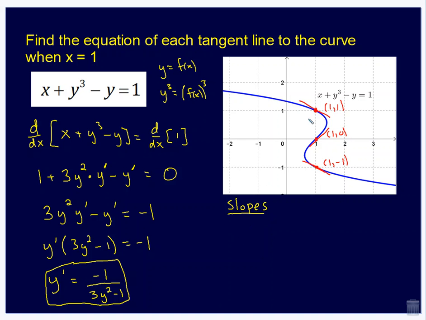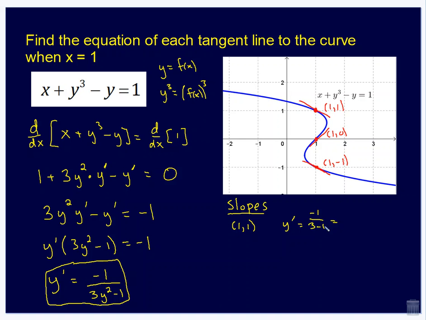Okay, so I'm going to take the first ordered pair, (1, 1), and in that case, my slope is negative 1 over 3 times y squared. So notice this derivative only requires we know the y coordinate. So that's going to be 1. And 3 times y squared would be 3 times 1.